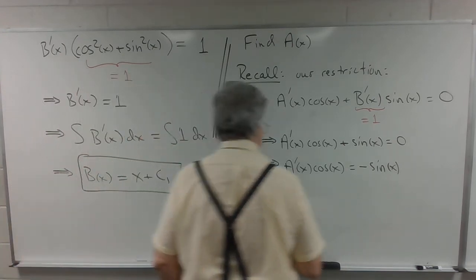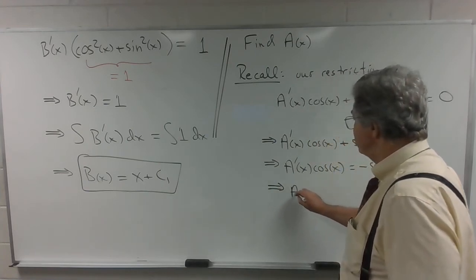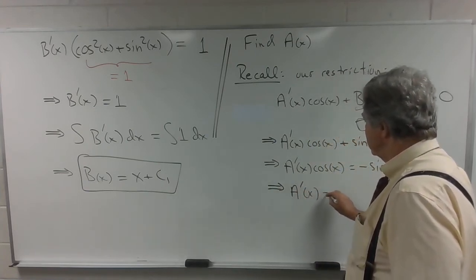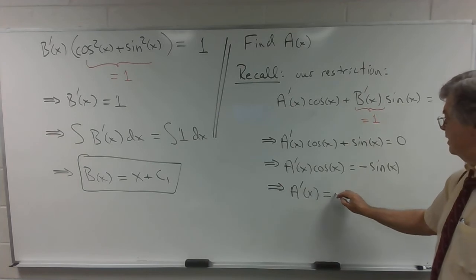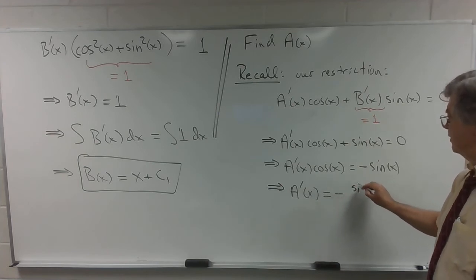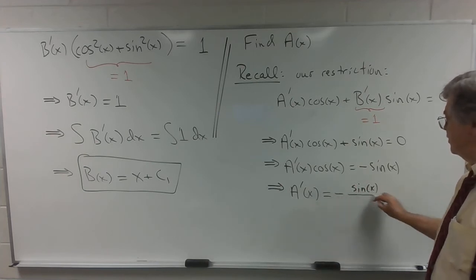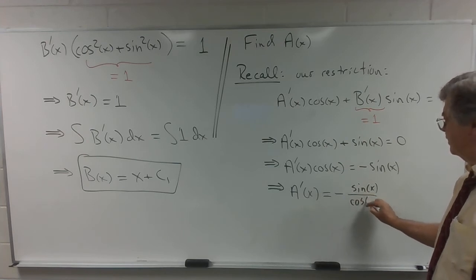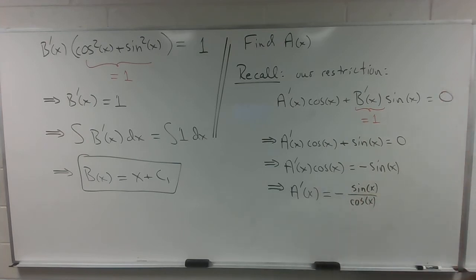And I guess a prime of x equals negative sine of x over cosine of x. I'm going to be able to do this one. Yeah.